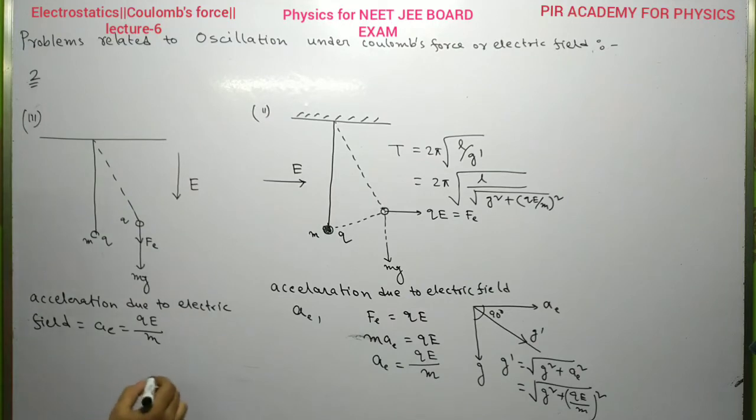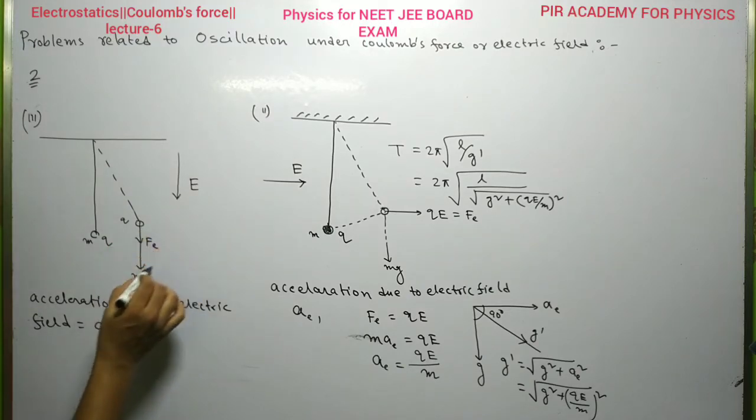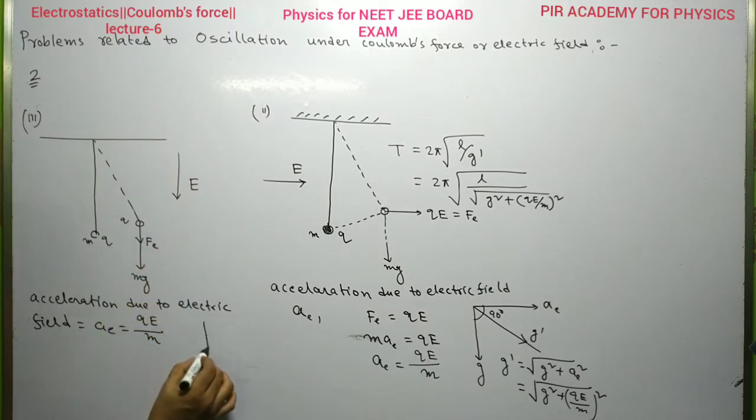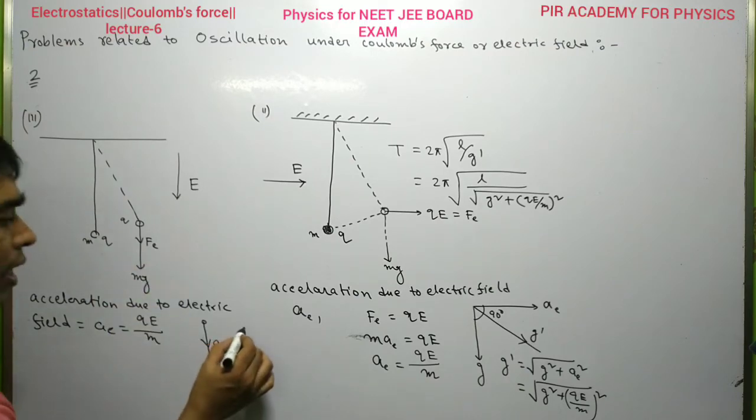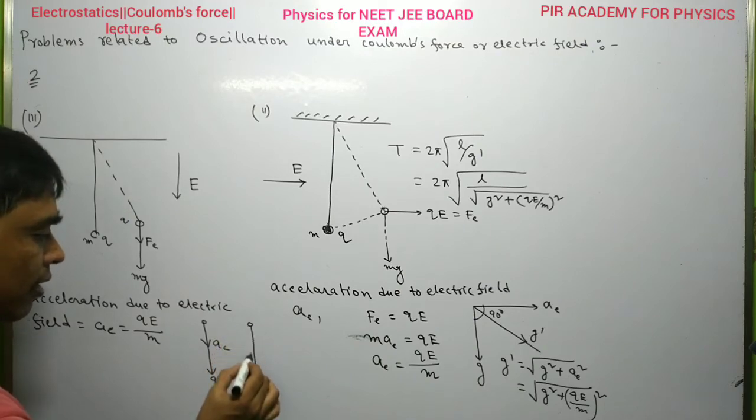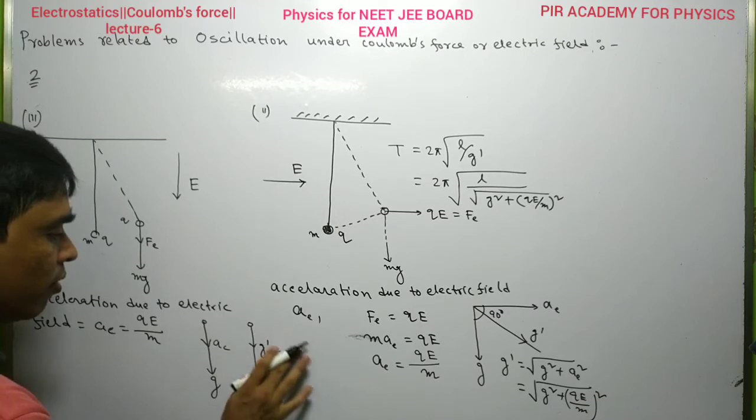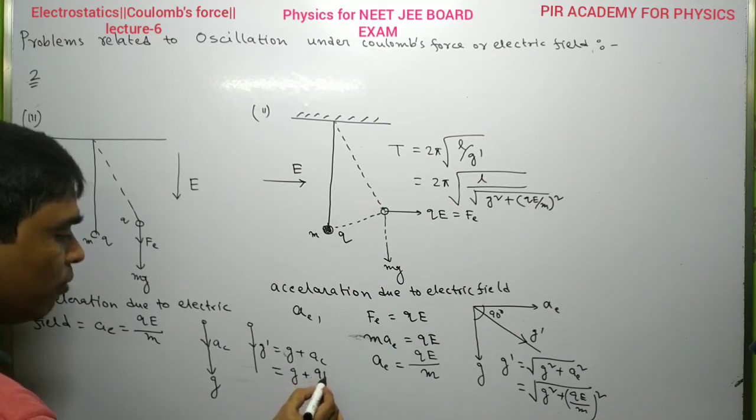But here you see that the acceleration due to gravity is along this direction and the acceleration due to the electric field will be along this direction. So the total, resultant acceleration g dash will be the sum of g plus a_E. So it will be g plus qE by m.